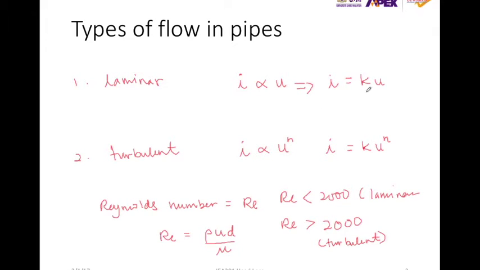So what is K? K for laminar is equal to 32 mu over rho g d squared, and for turbulent, K is equal to 4F over 2 D g.